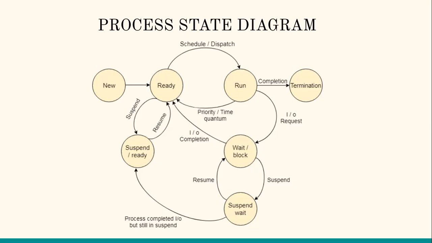Now, from the suspend wait state, we move the process to the suspend ready state. Why? Because if we place the process again into the wait block state, then it may lead to starvation. From the suspend ready state, we then move the process to the ready state, and then the process follows the normal course of run and termination states.